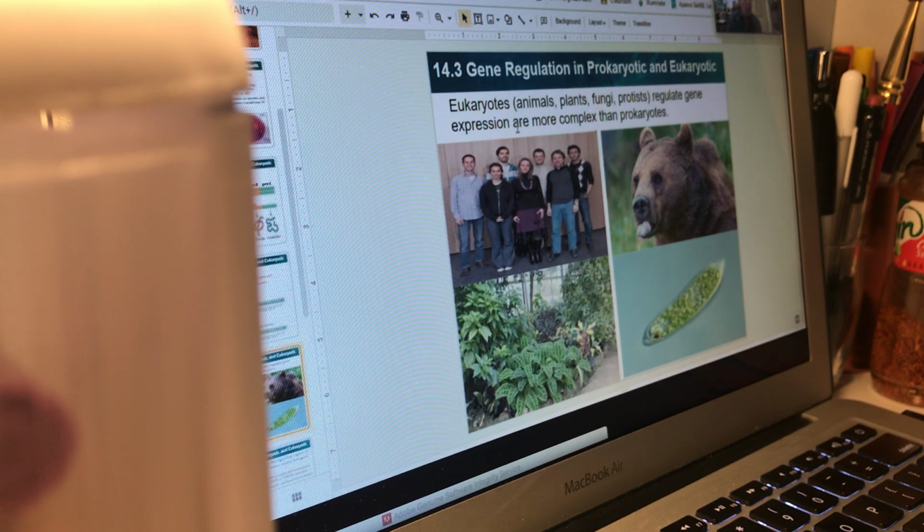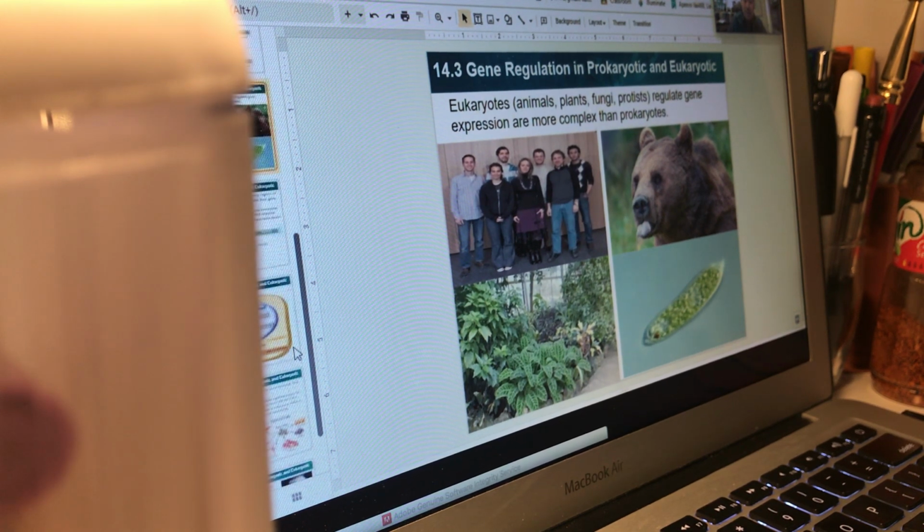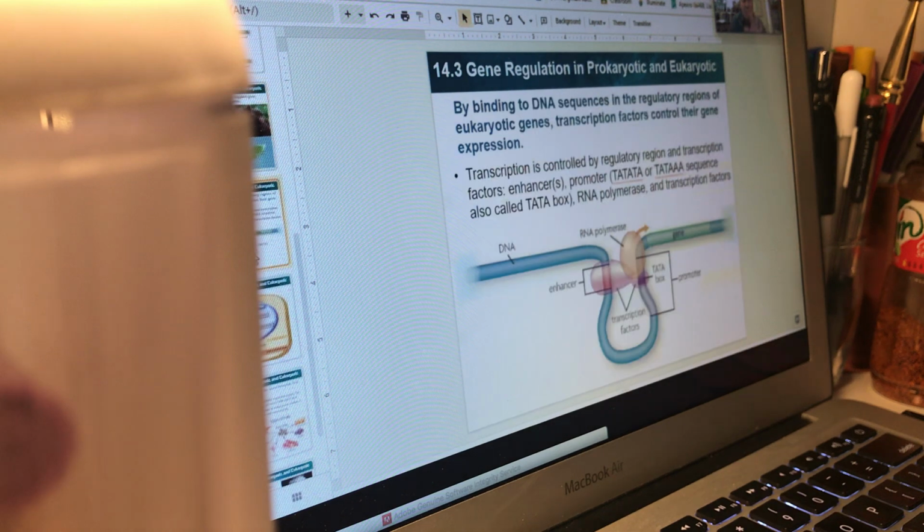Eukaryotes are much more complex than bacteria. And so the gene regulation has to be more complex. Got it? It has to be more complex because we are more complex than bacteria. And so are there extra steps involved in eukaryotes? Yes, a few extra. That's it.